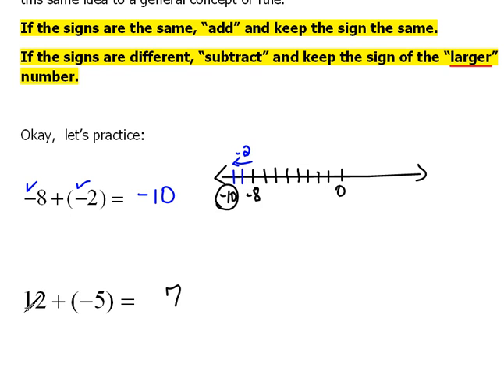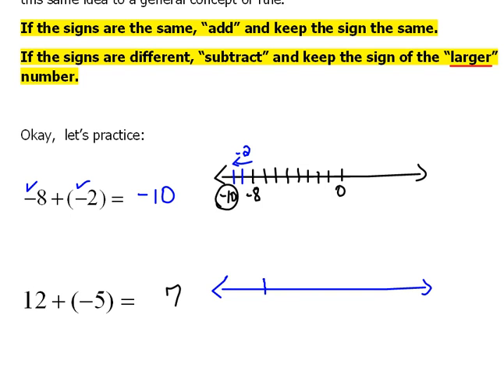Well, just looking at the numbers, 12 and 5, 12 is larger than 5, so the positive sign on the 12 wins. So this is actually a +7. Now, when it's a positive number, we don't have to write positive because we understand that 7 is a positive number. Let's look at this on a number line so we can see if that's true.